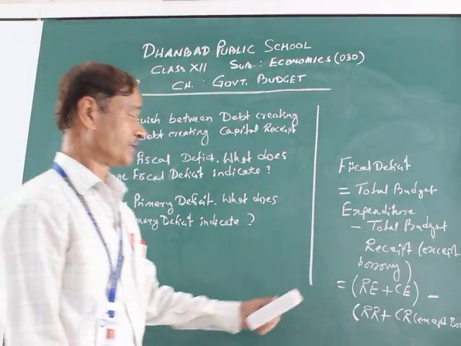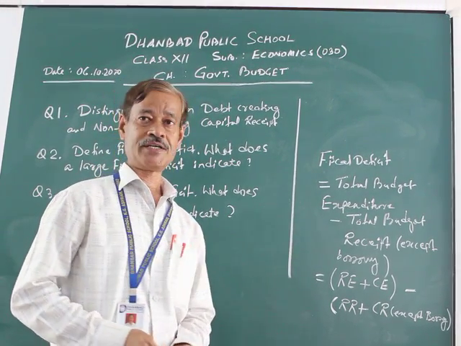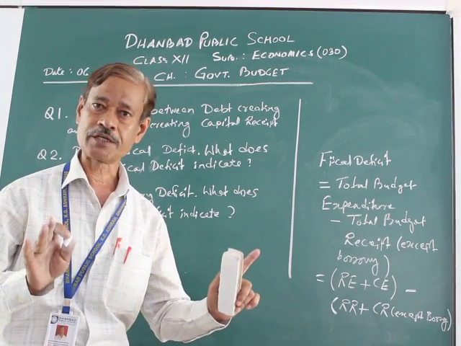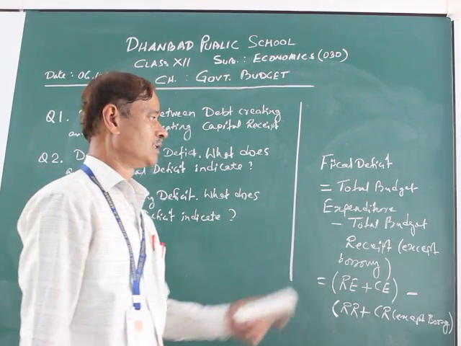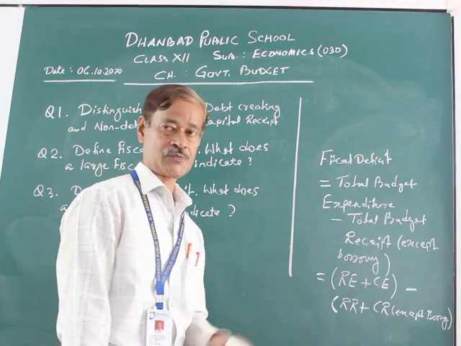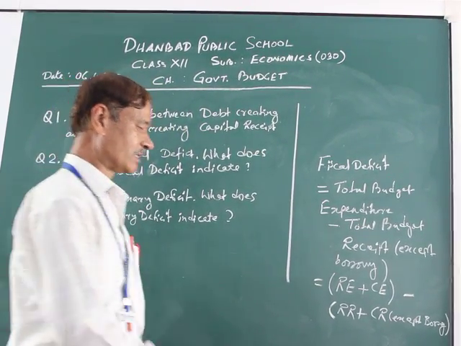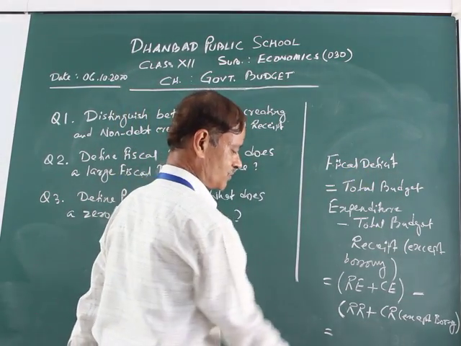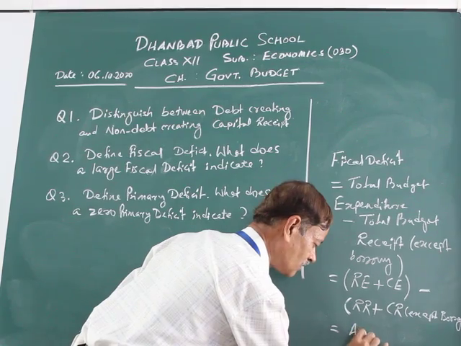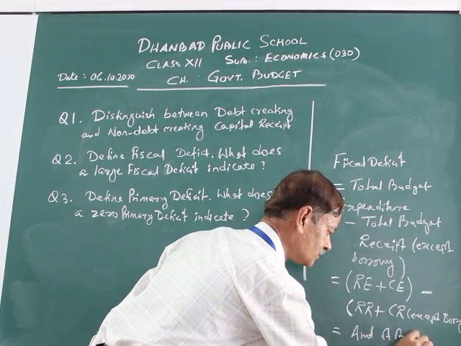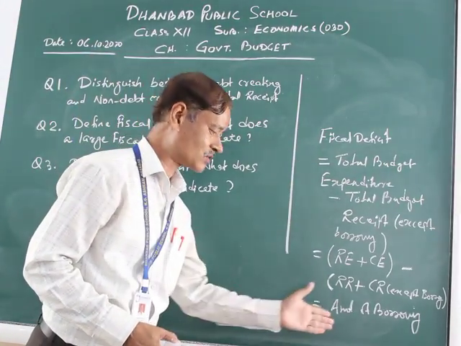Theoretically, in a government budget total budget expenditure and total budget receipt must be equal. That means revenue expenditure plus capital expenditure must be equal to revenue receipt and capital receipt. Thus, it follows that fiscal deficit is the same as the amount of borrowing. The fiscal deficit indicates the amount of borrowing.